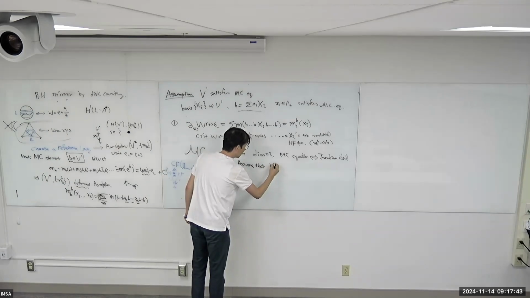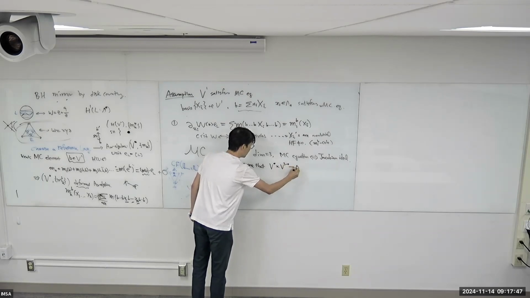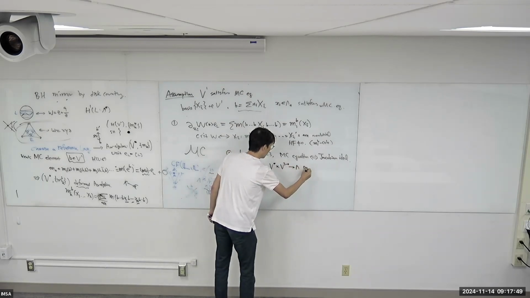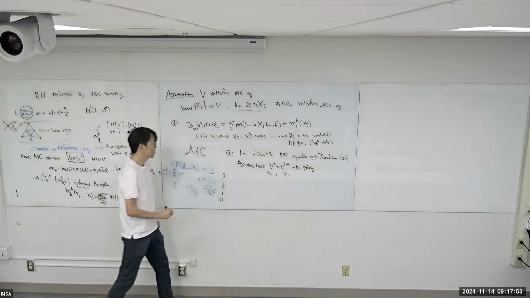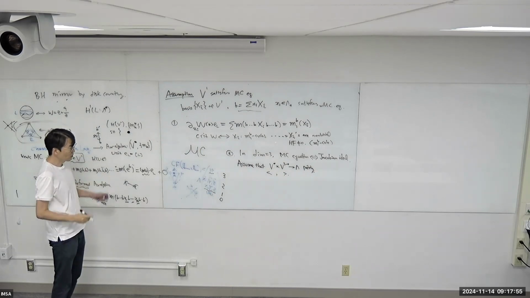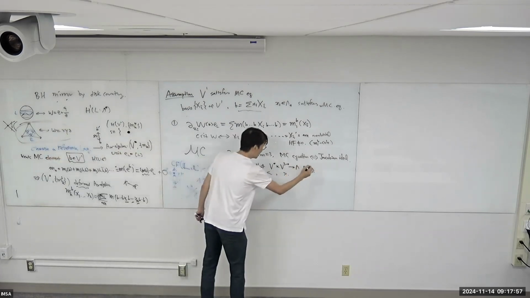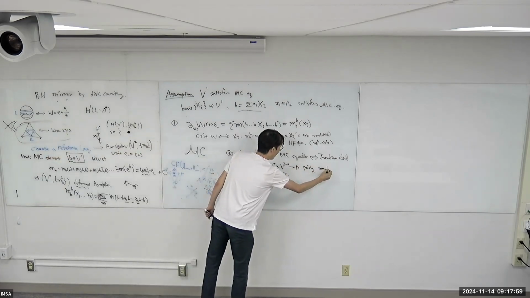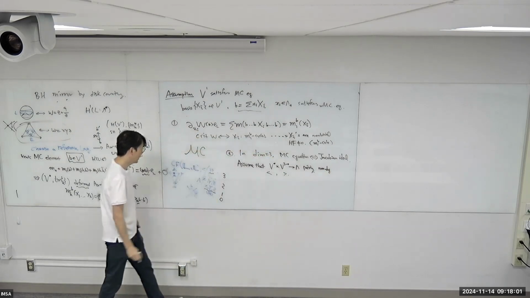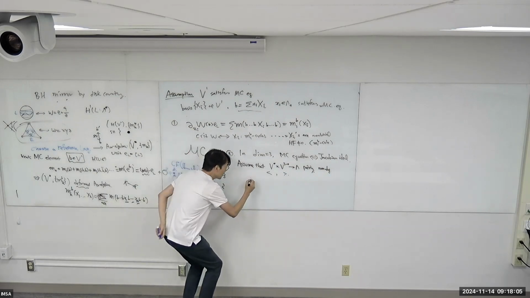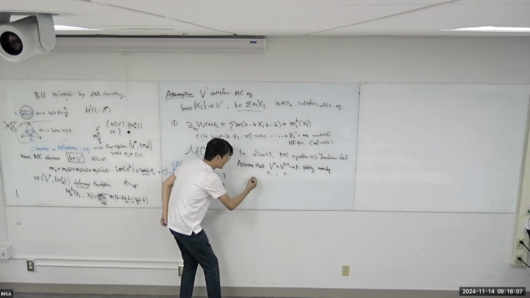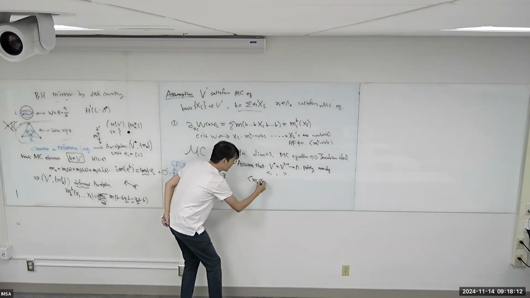So a non-degenerate pairing, and this is a pairing on the algebra. So the best possible scenario is the following cyclic symmetry.